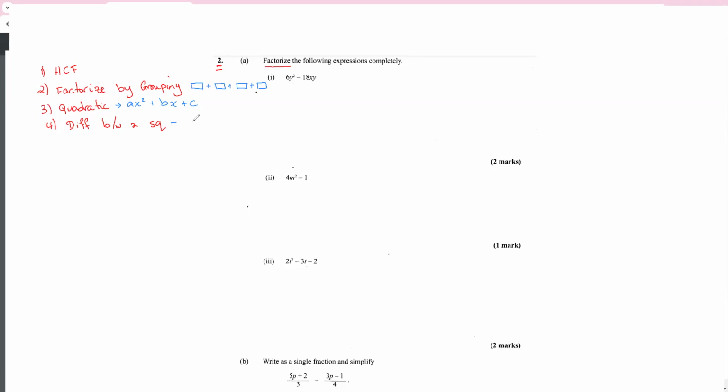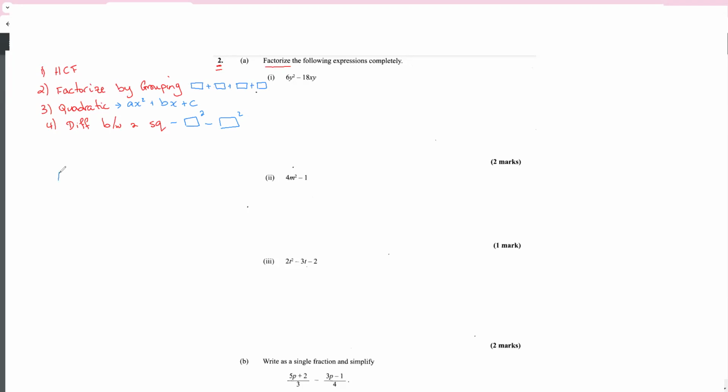And then the difference between two squares, if you have something that is squared minus something else that is a perfect square. And if it's not one of these, then you know it's HCF. So it's like you're doing a method of elimination.